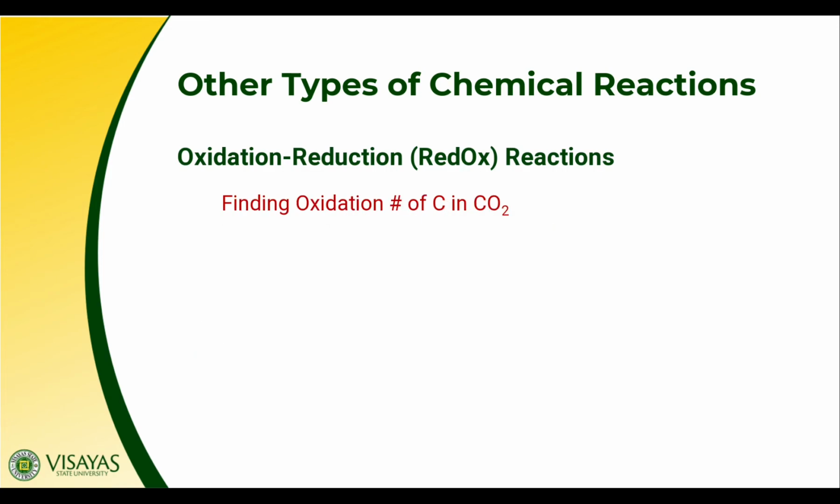So, for example here, how do we find the oxidation number of carbon in carbon dioxide? We know that since carbon dioxide is a neutral compound, our total oxidation number for the atoms in carbon dioxide should be equal to 0. In the previous slide, we know that the oxygen in the compound has a negative 2 oxidation number.